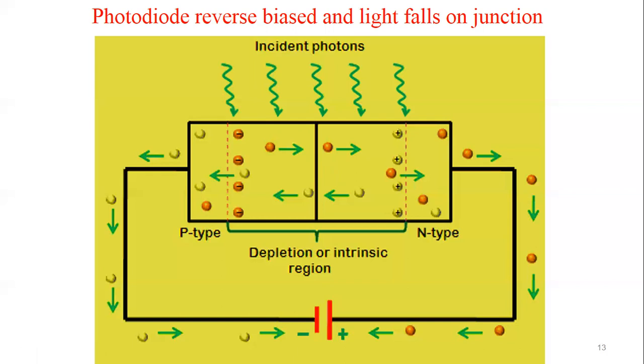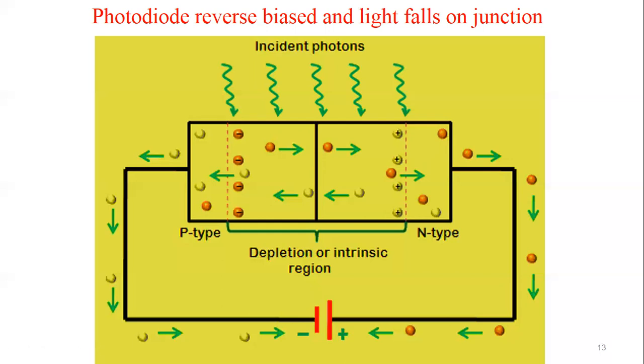Resistance decreases because electron hole pairs are increased, and so the value of the current will be more than when there is no radiation.